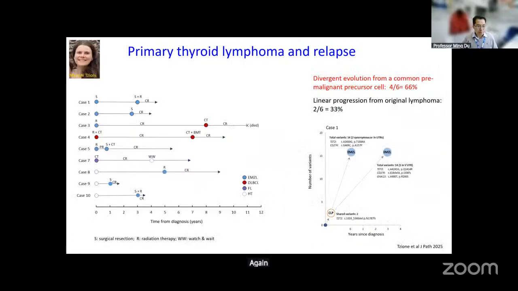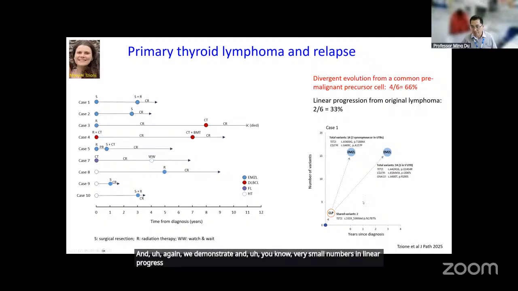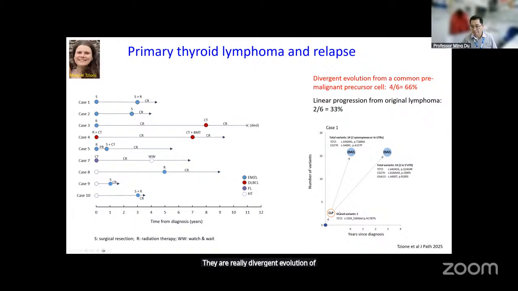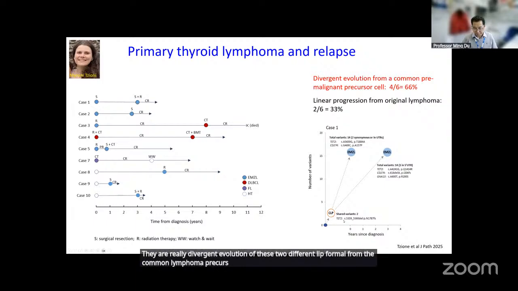Again, we have studied a small cohort of cases with multiple biopsies, and we demonstrate very small numbers in linear progression, but in the majority of cases, there is really divergent evolution of these two different lymphomas from the common lymphoma precursor cell population.